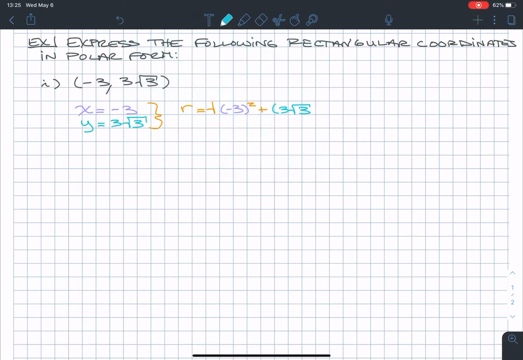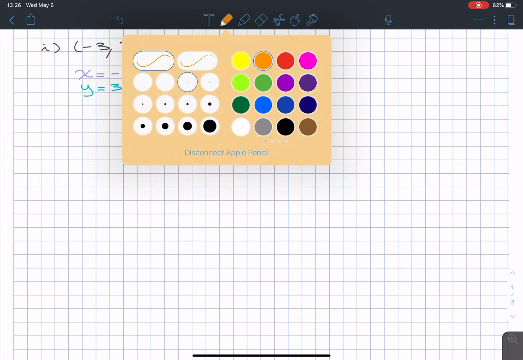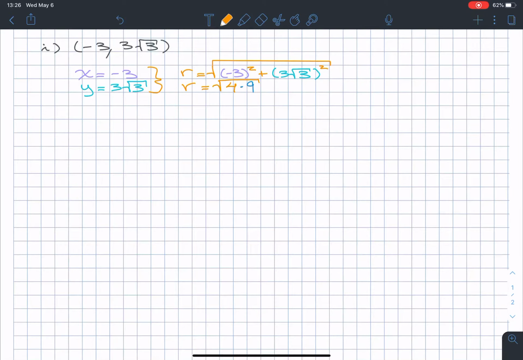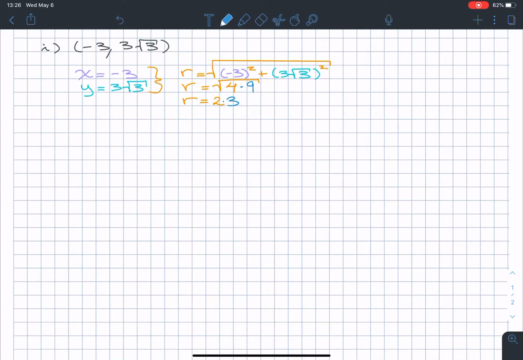Do you agree that if I square -3, I get a positive 9? And if I square 3 root 3, I'll have 9 times 3. So underneath the radical I have 4 times 9, which comes out as 2 times 3, or 6. So my radius is 6.